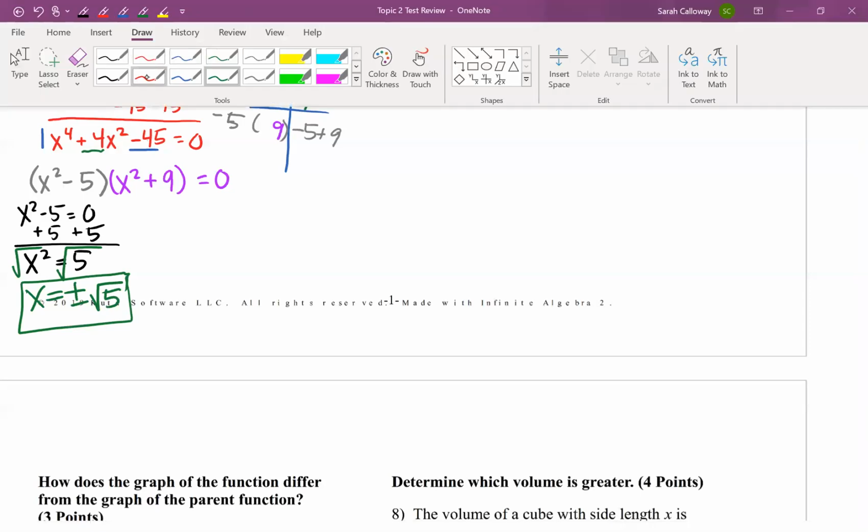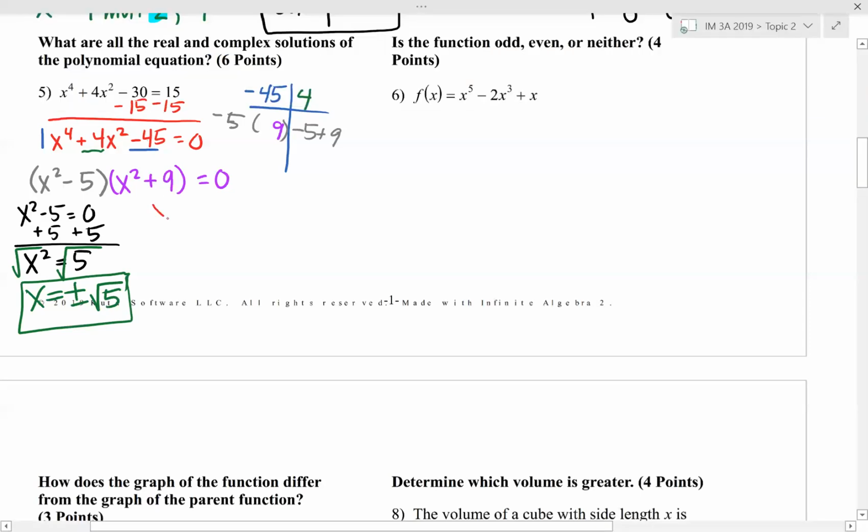Then I have to take the x squared plus 9 and set that equal to 0 and solve for x again. So instead of adding, I'm going to subtract 9, which gives me that x squared equals negative 9.